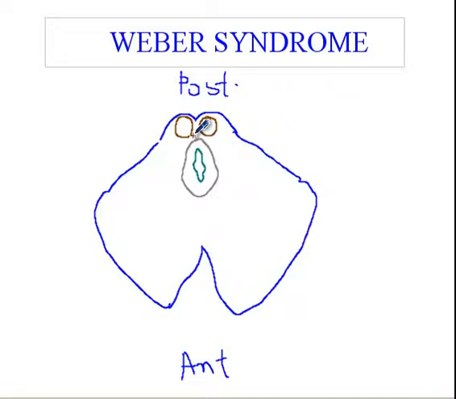And then we have the third nerve nuclei and the fascicle of the third nerve. The third nerve nucleus is here on one side, and you have the other side here, and the third nerve sort of goes like this. So you have the fascicle of the third nerve here.